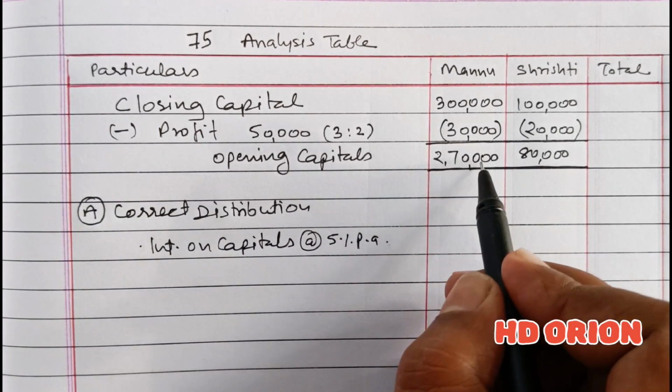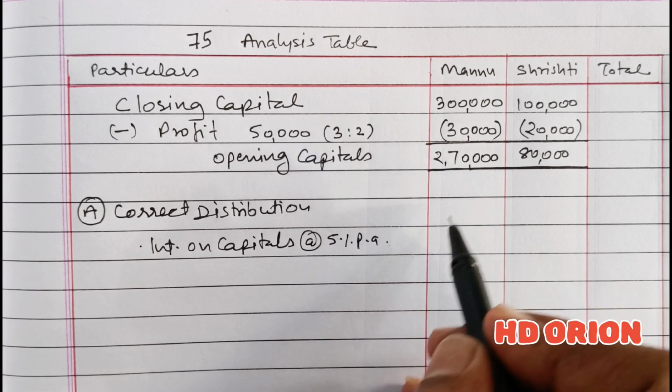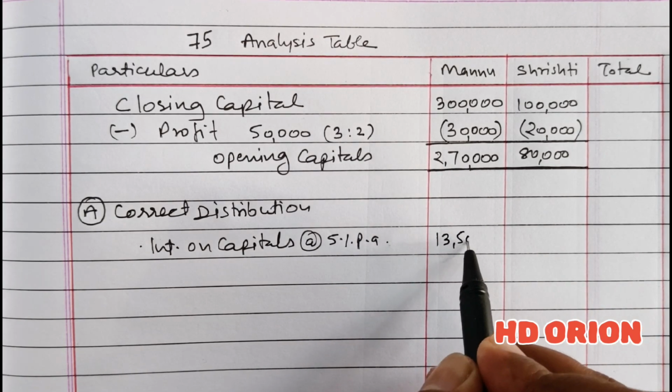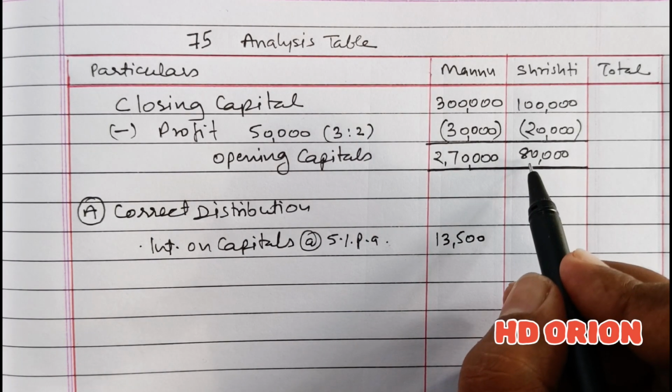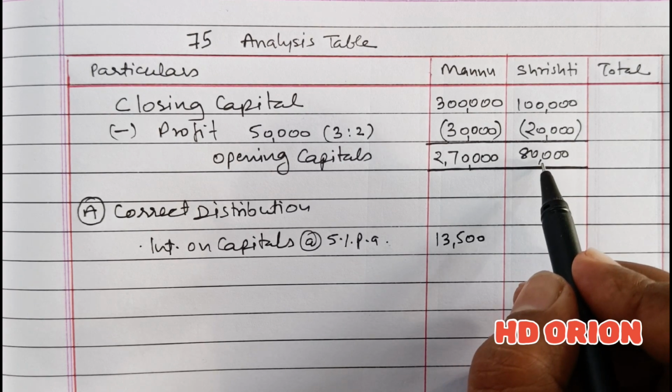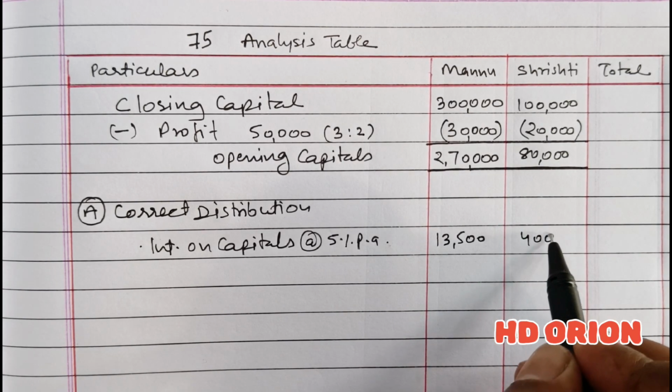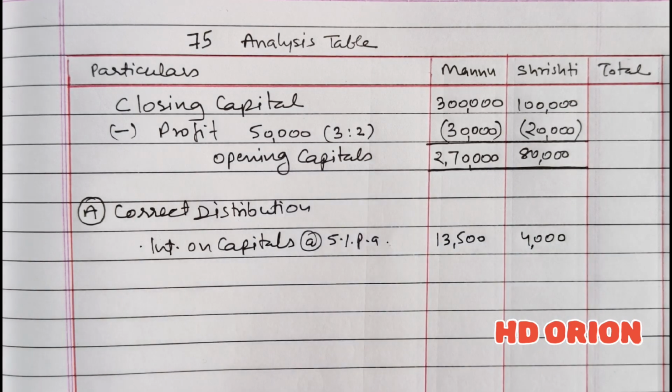So 2,70,000's 5% is rupees 13,500, and 80,000's 5% is rupees 4,000. Fine. Interest on capital was supposed to be given to the partners, but the firm has failed to provide this.